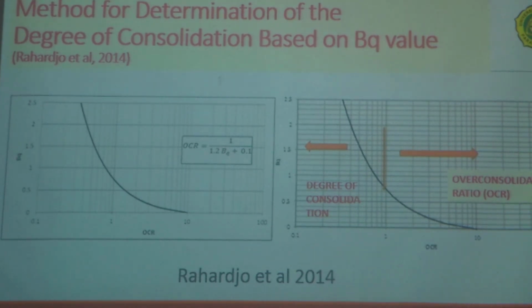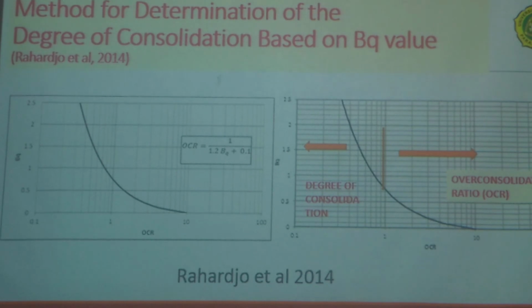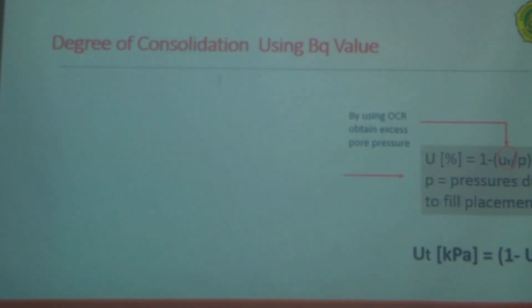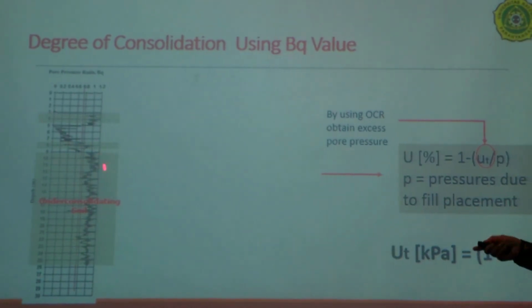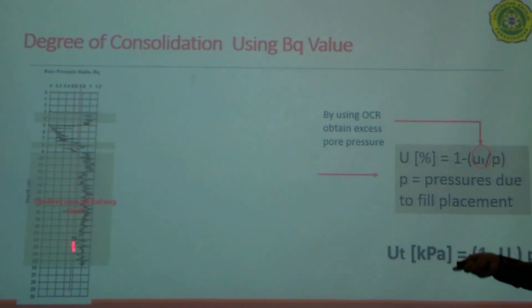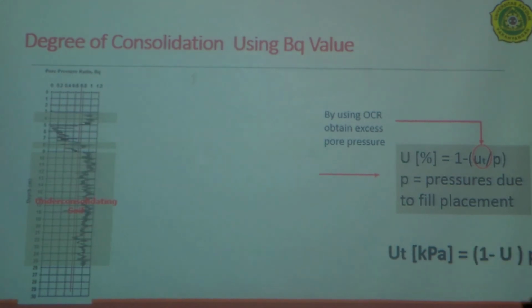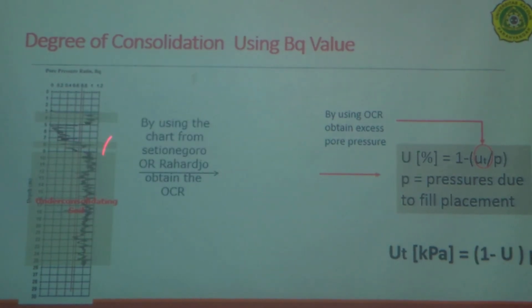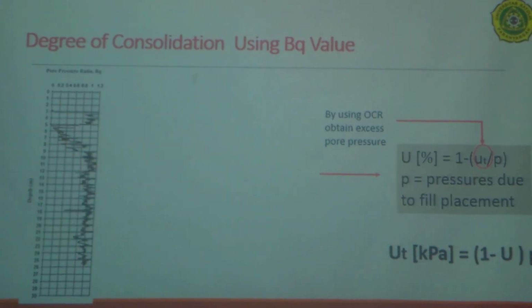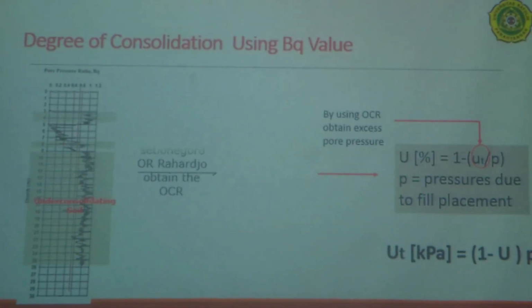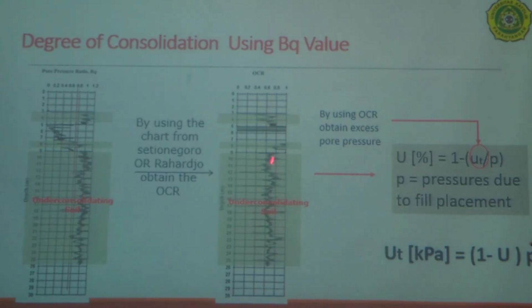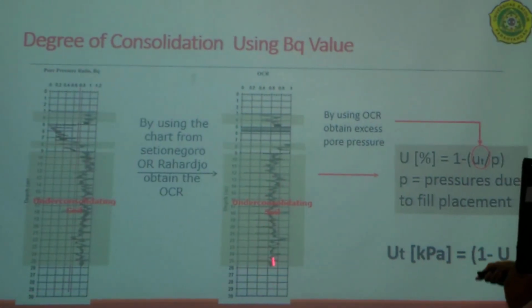A lot of the time I use this to do the interpretation of reclaimed land, because the owner wants to know if it is still consolidating. Look at the way we use it. This is the B sub Q, that is 0.75, so this one is still consolidating. And we take the equation, and we end up with a value like this. So we see the degree of consolidation is more or less 80%.